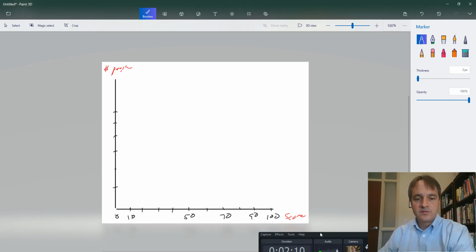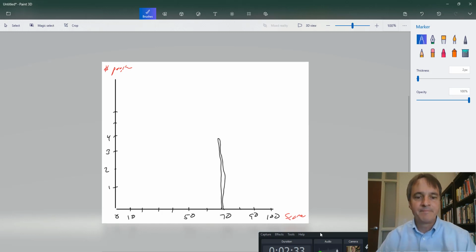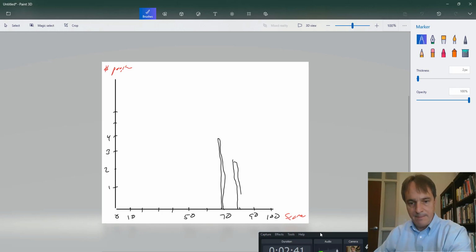Okay, and so let's say 4 people got a 70. So we'll go ahead and say 1, 2, 3, 4. We'll just put a bar there. Okay, 4 people got 70. And let's say 3 people got somewhere in the 80s. So we'll put another bar here for 80.